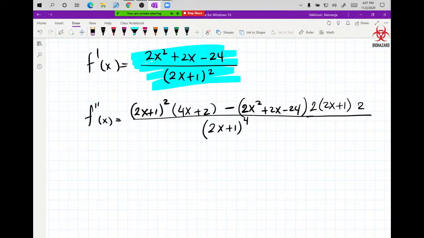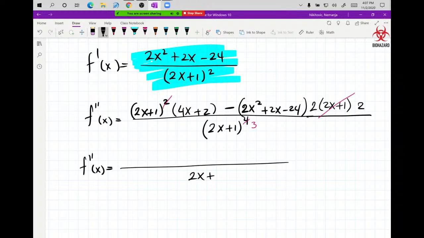All right, so now we can cancel one of these. And let's see what the second derivative tells us. We have to FOIL this and then minus whatever is left over there.